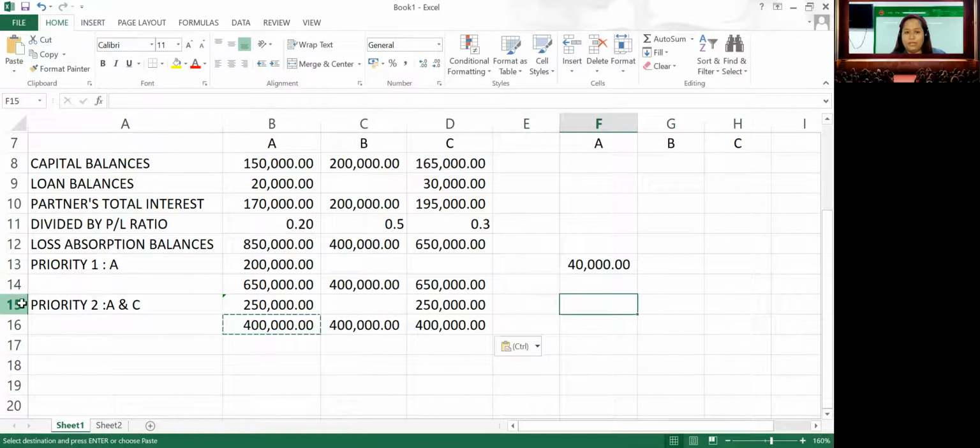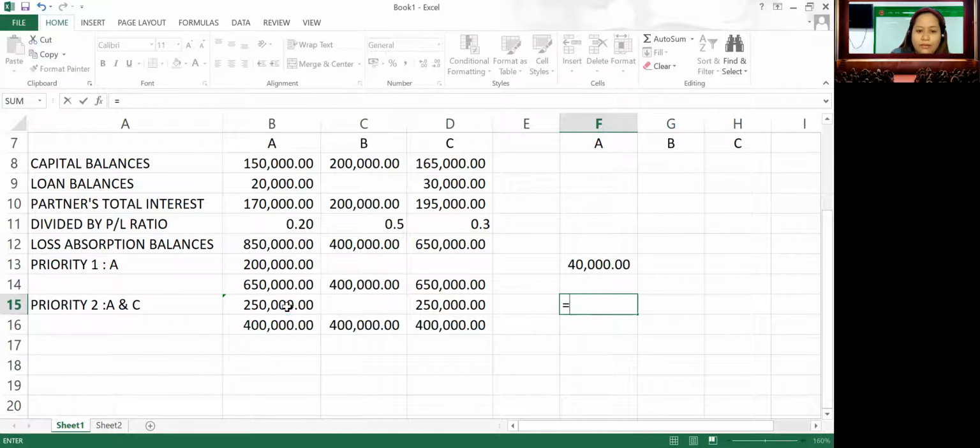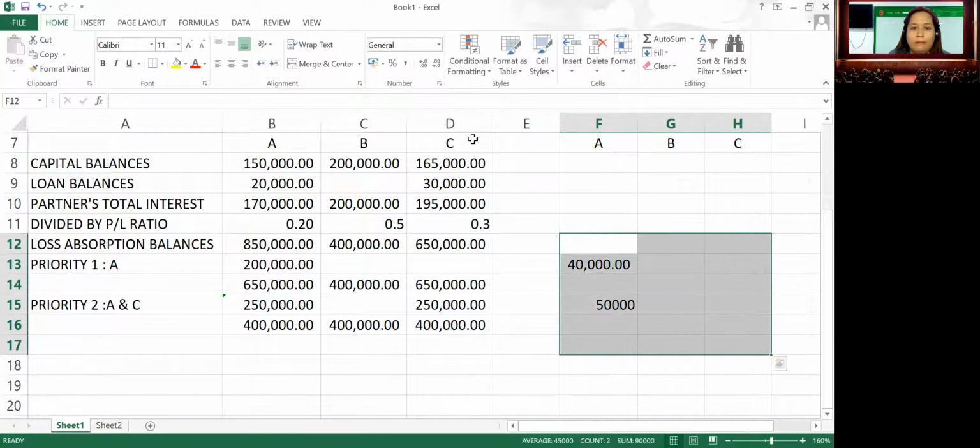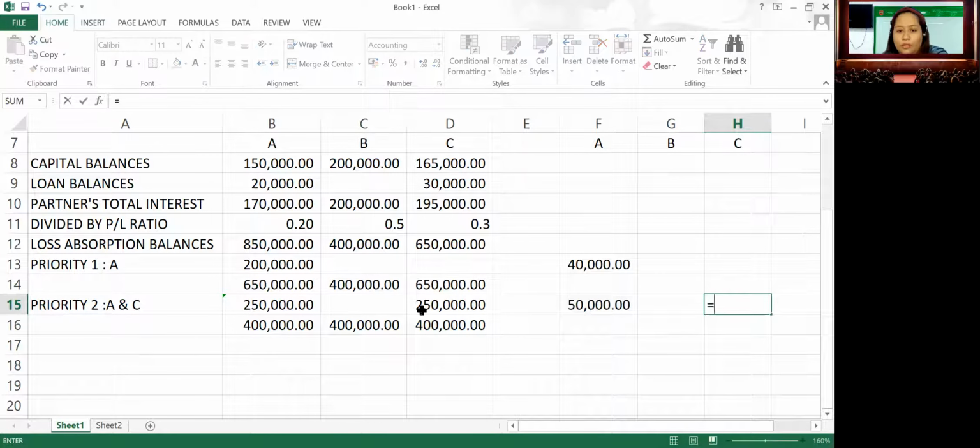Para sa priority number 2, magkano yung cash na ibibigay kay A? So that's 250,000 multiplied by its P&L ratio. Okay? Paano naman kay C? The same process po. 250,000 multiplied by its P&L ratio, which is 30%.